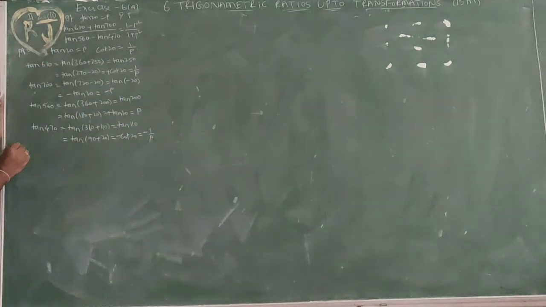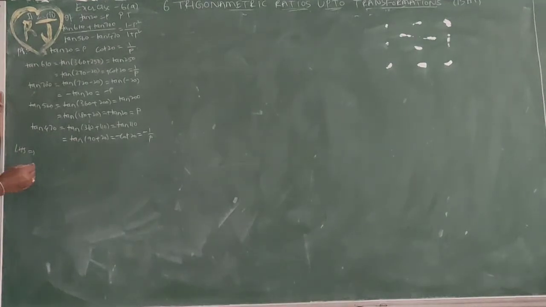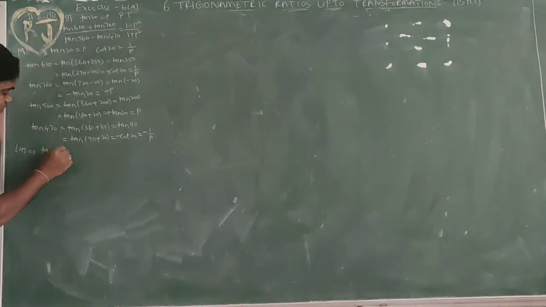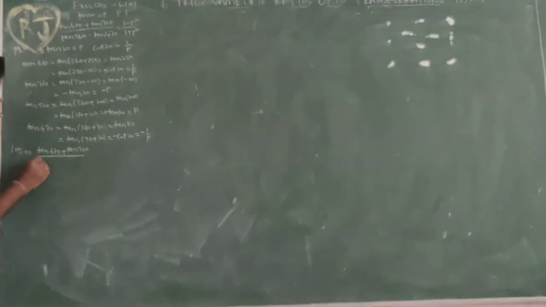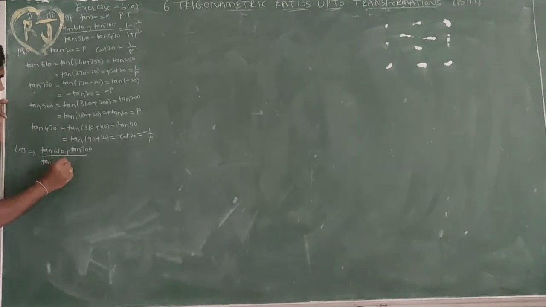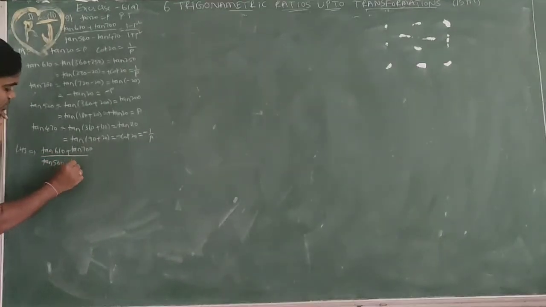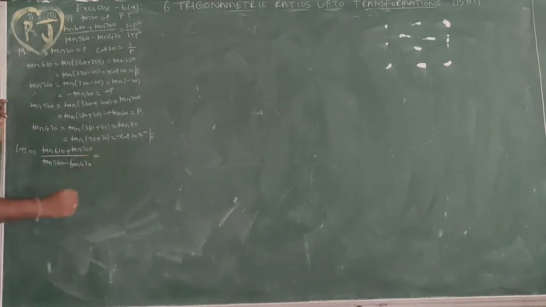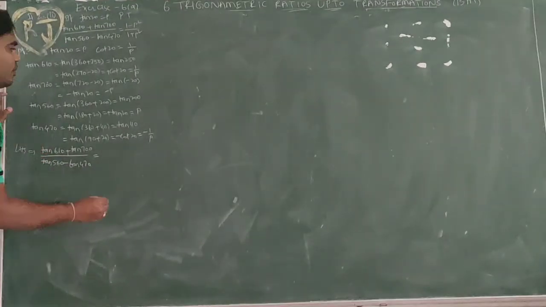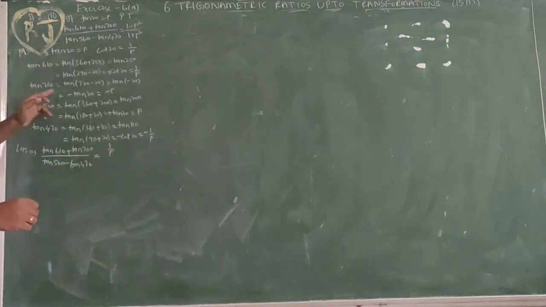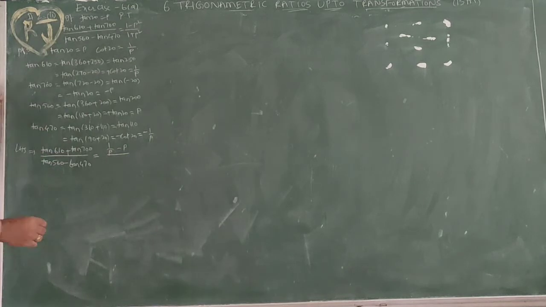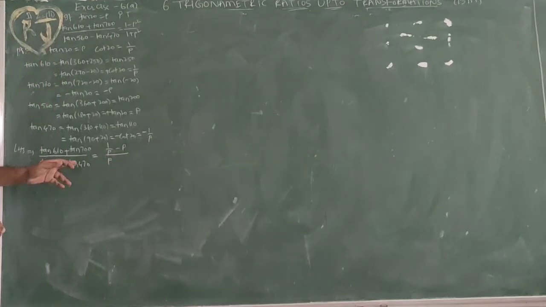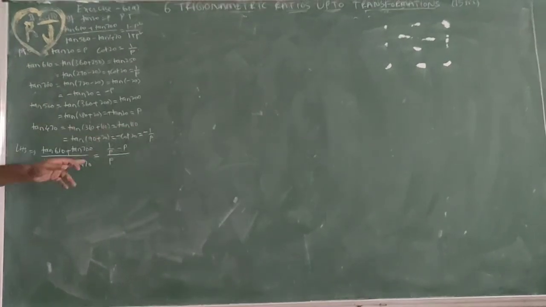Now the LHS. What is LHS? Tan 16 plus tan 700 by tan 560 minus tan 470. Tan 16 equals 1 by p, tan 700 equals minus p, tan 560 equals p, tan 470 equals minus 1 by p.